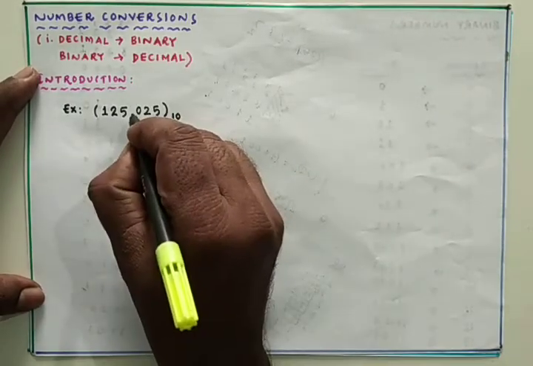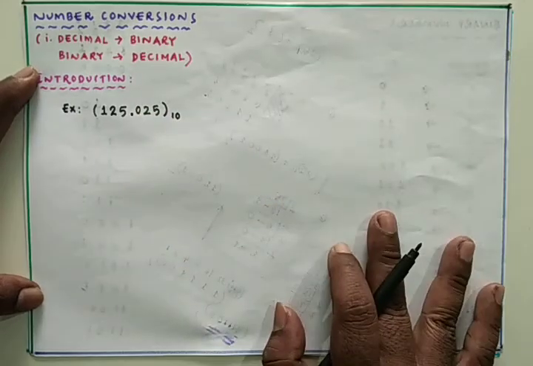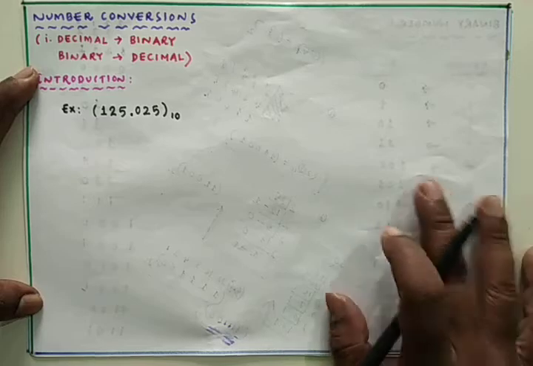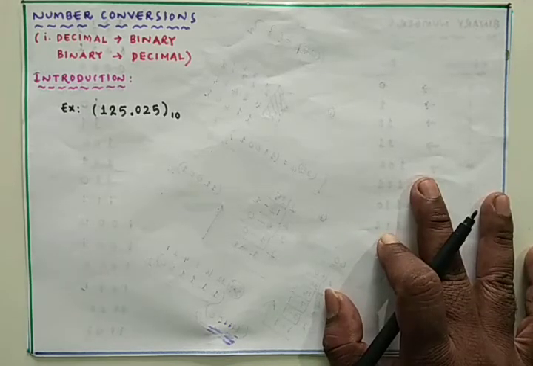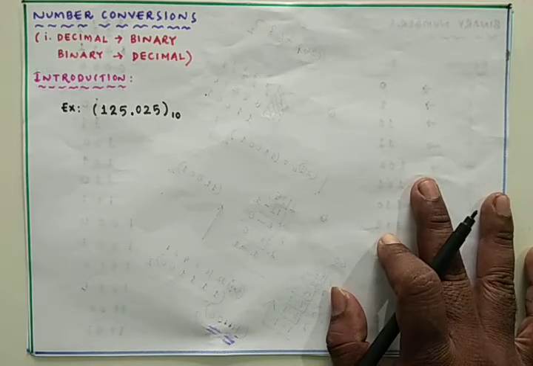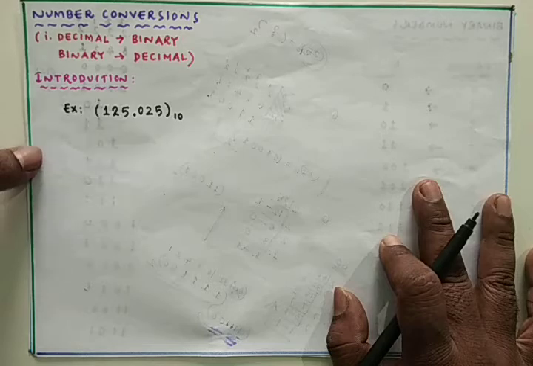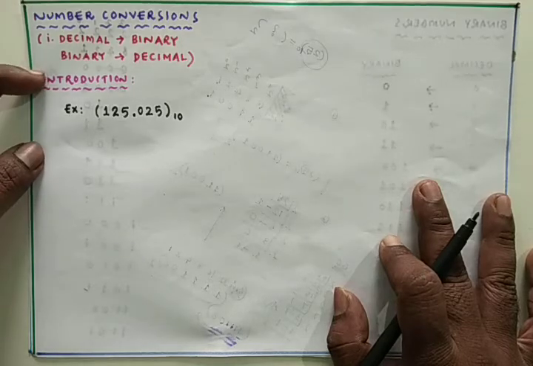Here this point is named as the base point or radix point or the decimal point. In general, we pronounce it as 125.025, and without the base mentioned, by default we have to assume that it is a decimal number.